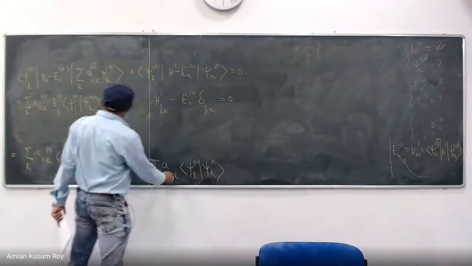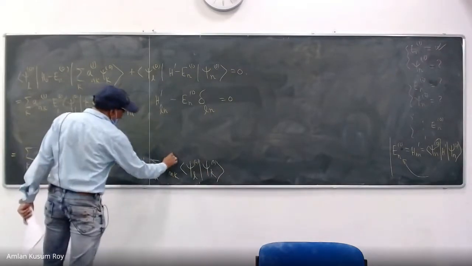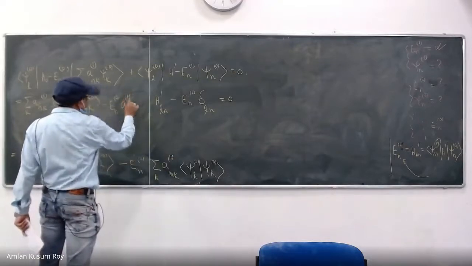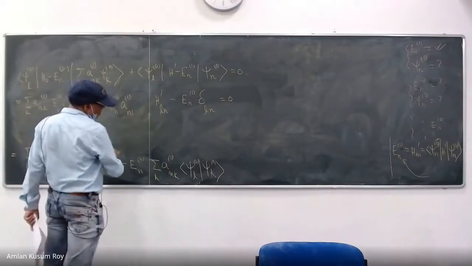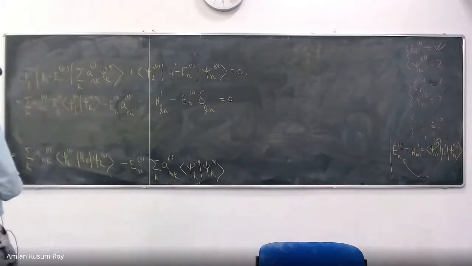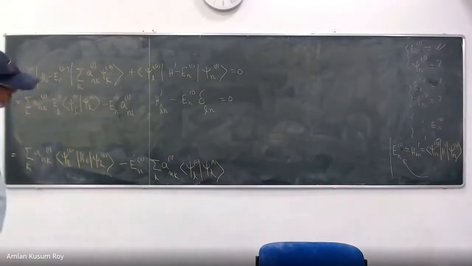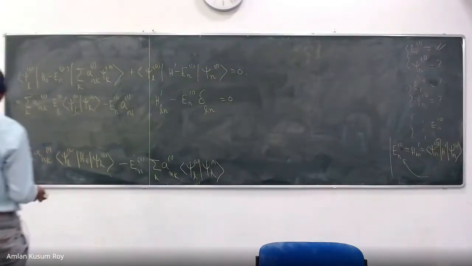So that means I will be left with ANL1. That's all I'll get, ANL1, right? Into 1. Okay, that's fine. So what will happen? ANKL.